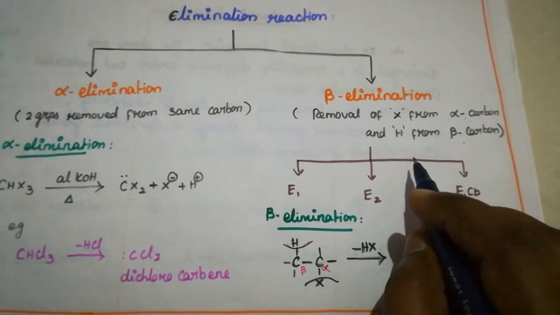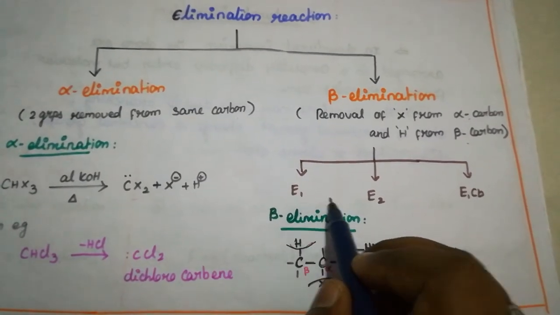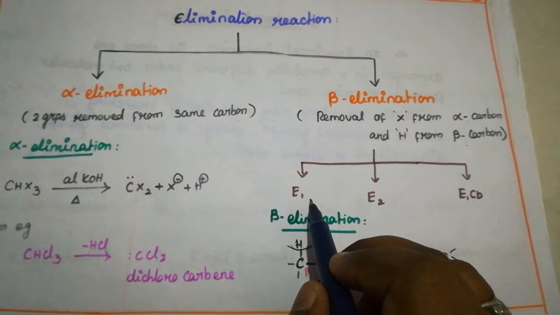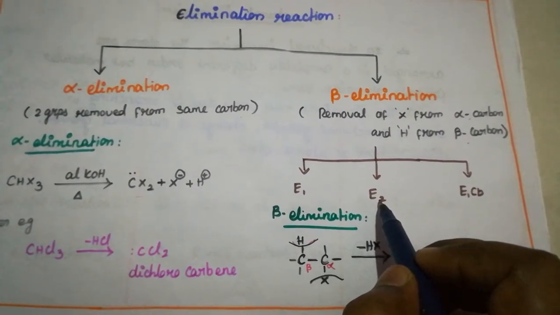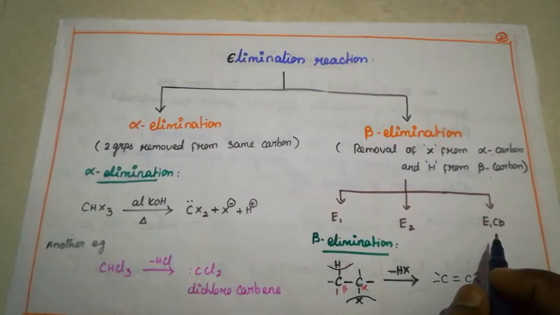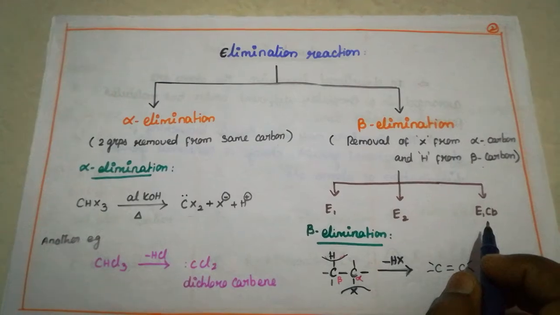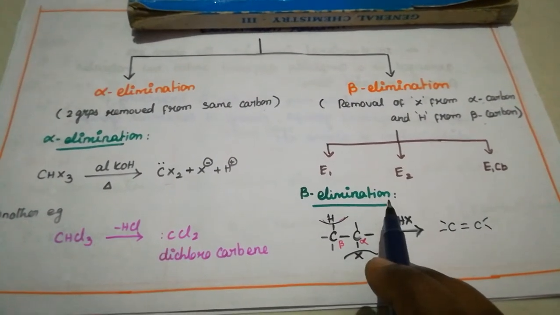Then the beta elimination is further classified into three types: E1 elimination, unimolecular elimination reaction; E2 elimination, bimolecular elimination reaction; E1CB, unimolecular conjugate base reaction. Here alkene is the final product.